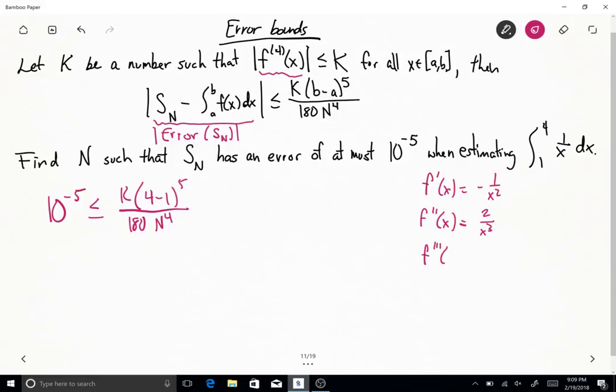The third derivative, notice that's x to the negative 3, would be negative 6 over x to the fourth. And then the fourth derivative, sorry, I'm getting a little ahead of myself, would be positive 24 over x to the fifth. And notice this function, 24 over x to the fifth, would be decreasing on the interval 1 to 4. So we have decreasing.